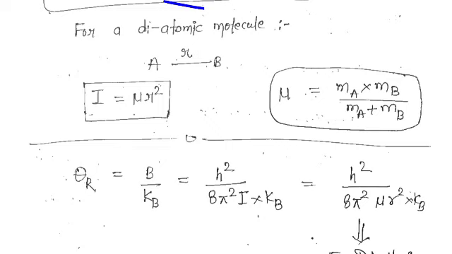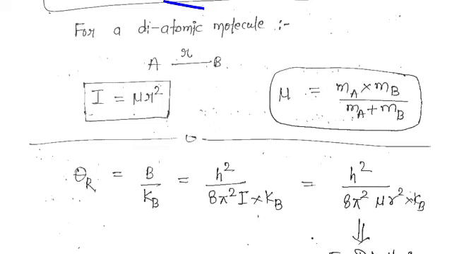All right, now we had done this: theta r, the characteristic rotational temperature, equals B upon kB. Now we are substituting the value of B as h square upon 8 pi square I, and kB is retained intact.